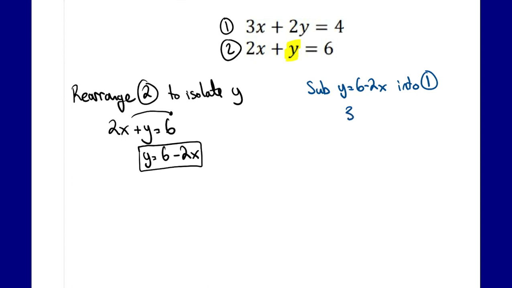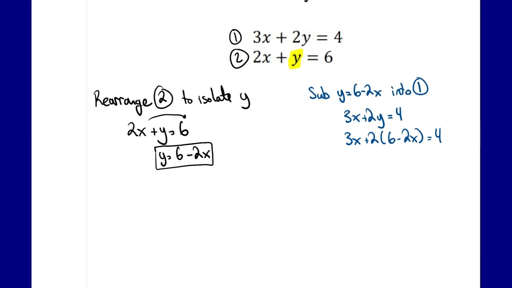So we have 3x plus 2y equals 4. And instead of y now, I'm going to replace it with 6 minus 2x. 3x plus 2 times 6 minus 2x equals 4. And now I've substituted it in.